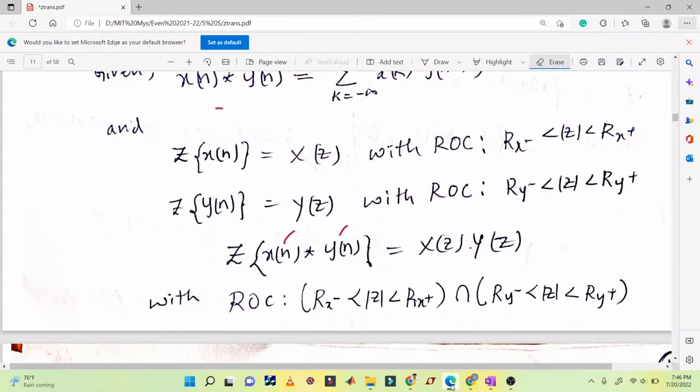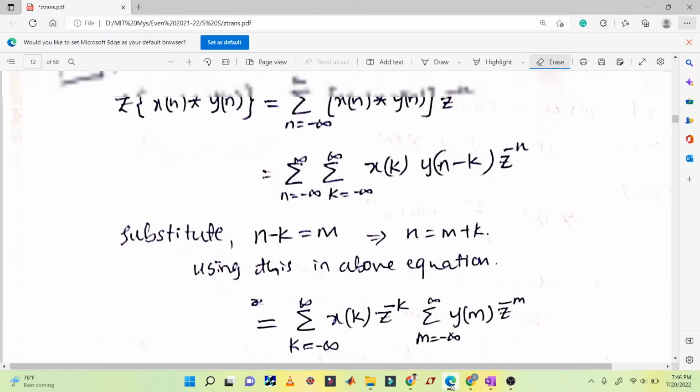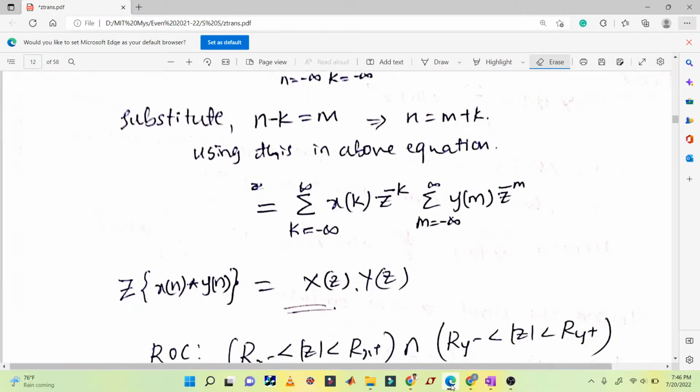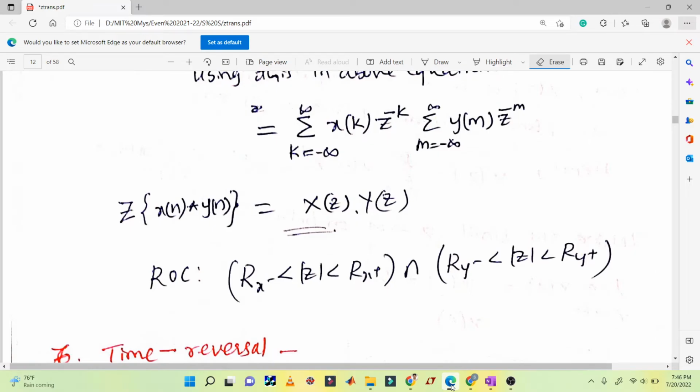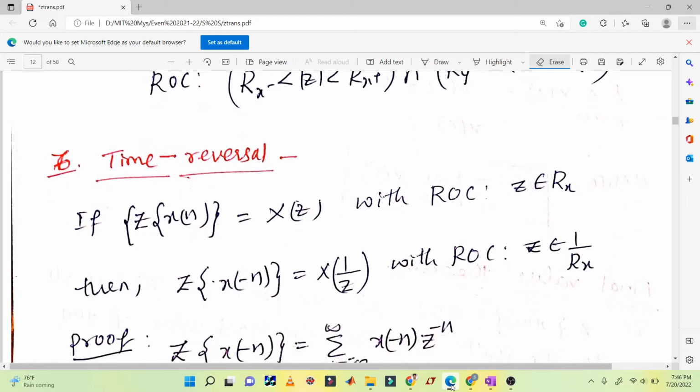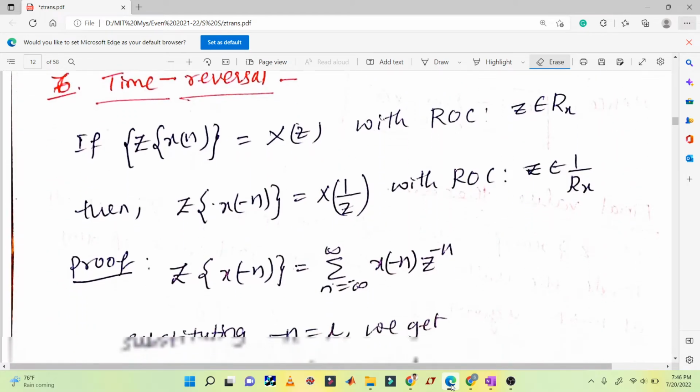Is there any doubt regarding this? Proof is here. Okay, again ROC is the intersection of ROC of x of n and ROC of y of n. Next we have is time reversal property.